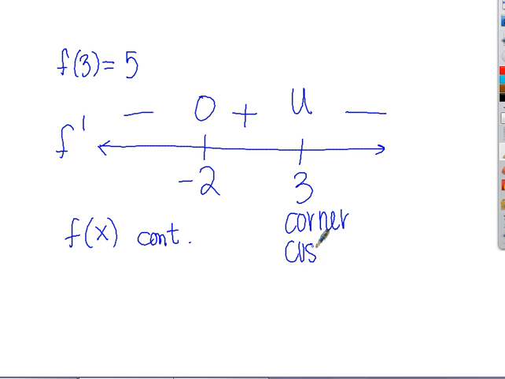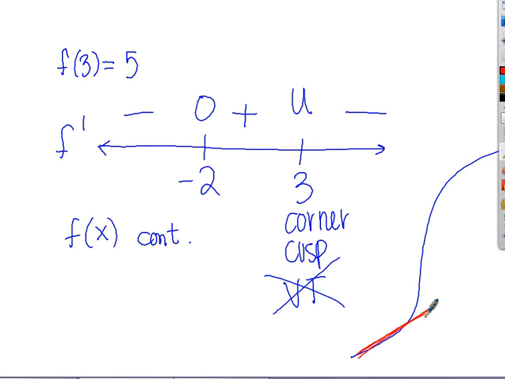Can a vertical tangent happen? It cannot. Can anyone explain why? We just saw it happen. Vertical tangent. From the left, positive infinity. From the right, it's still positive infinity.